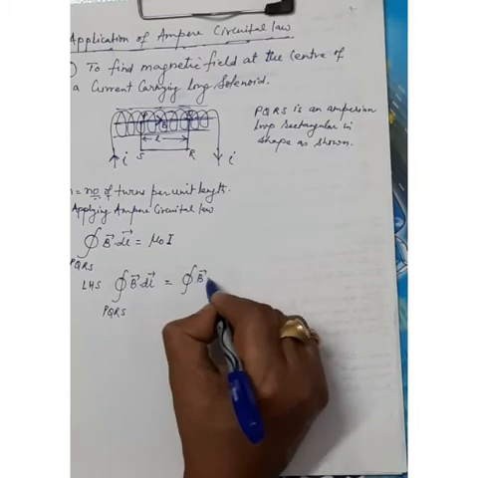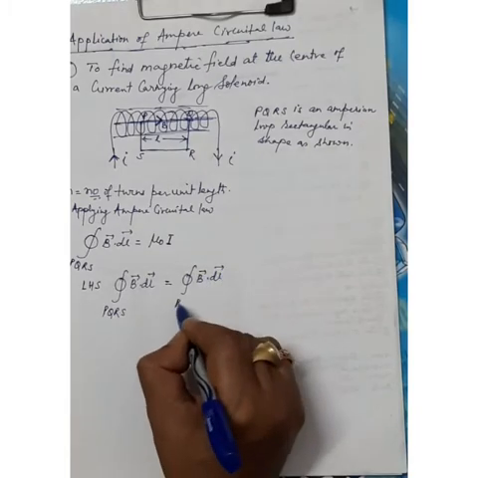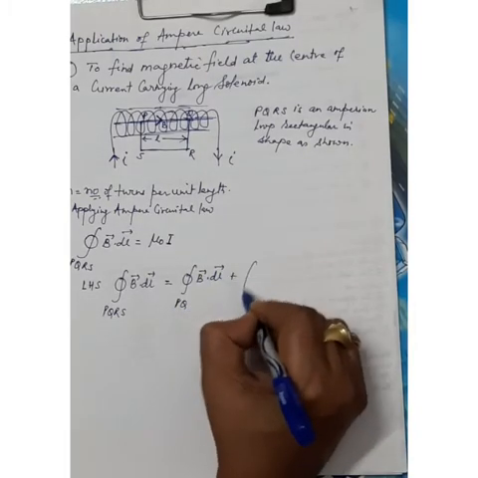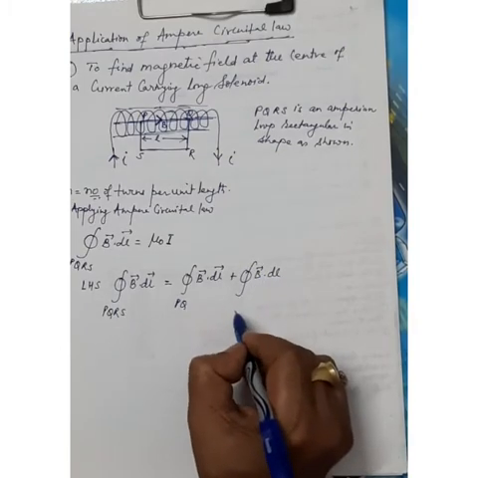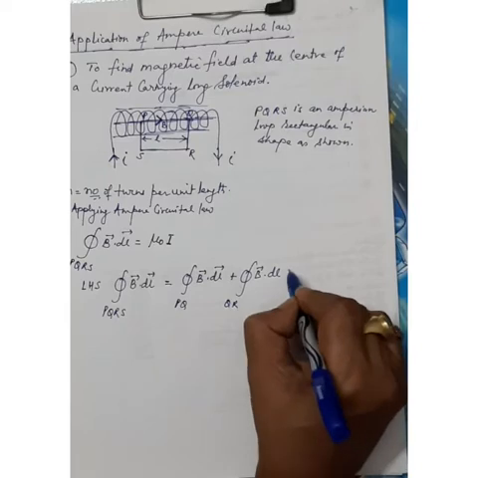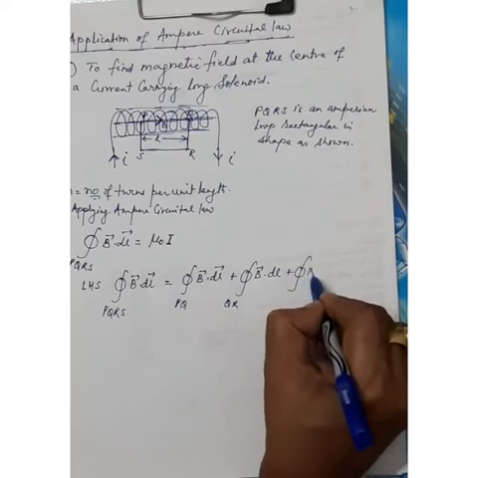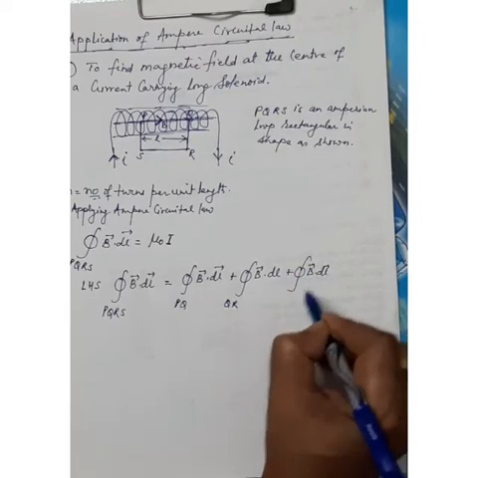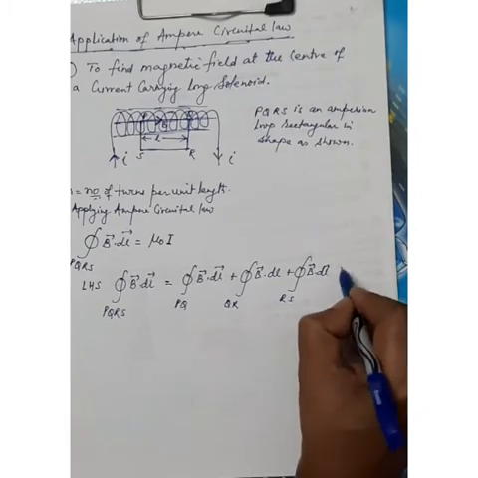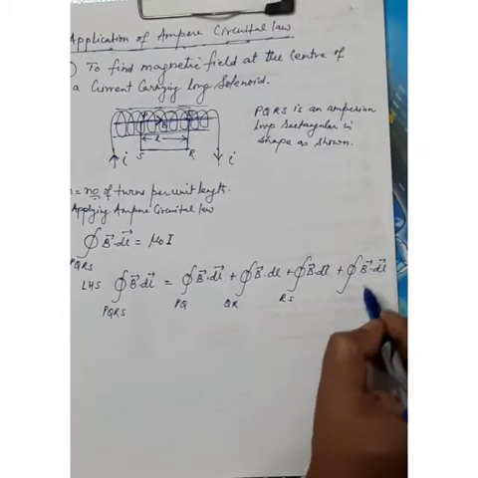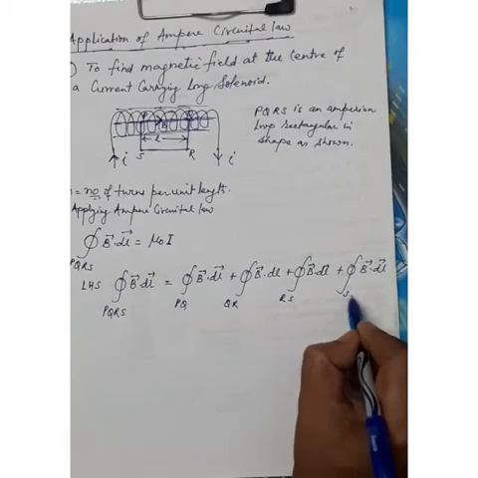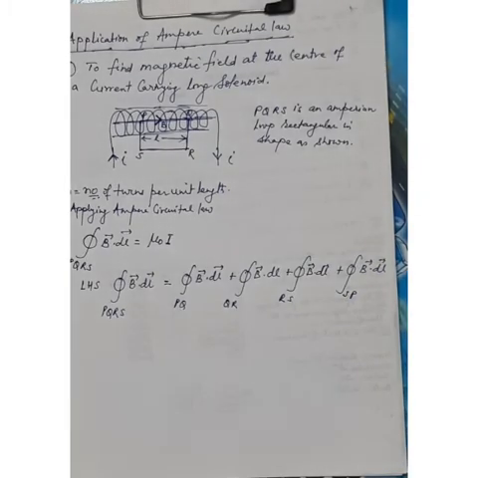First B dot dl from P to Q plus second B dot dl from Q to R plus third B dot dl from R to S and the fourth B dot dl from S to P. Okay, now we have to solve these 4 integrations for the left hand side.